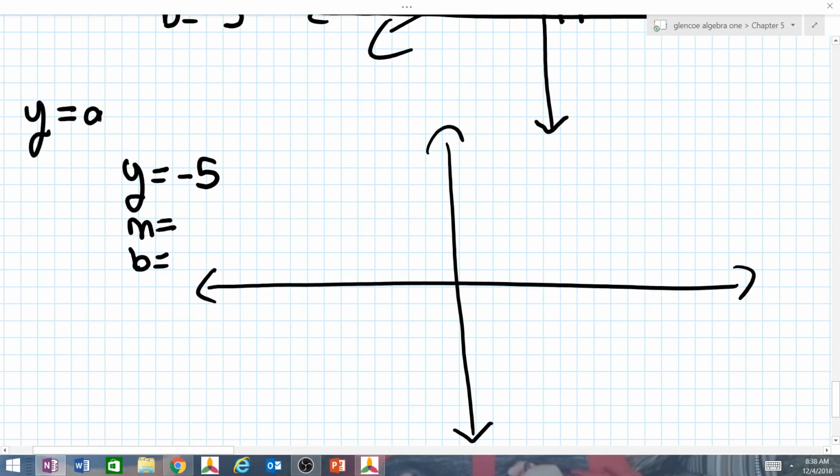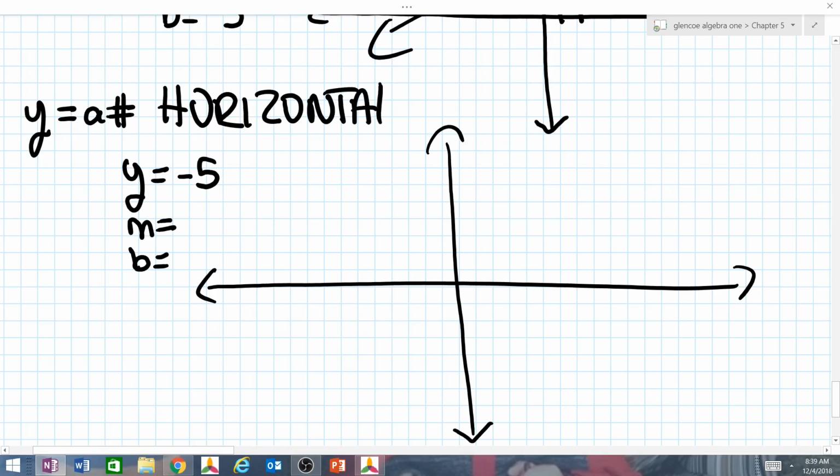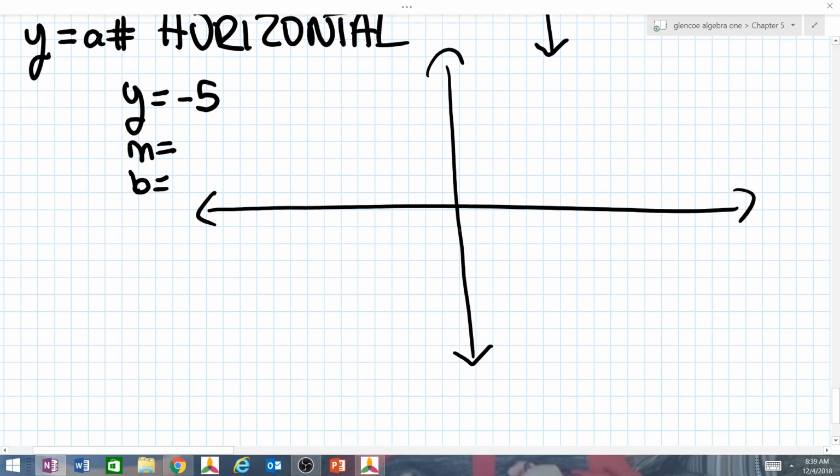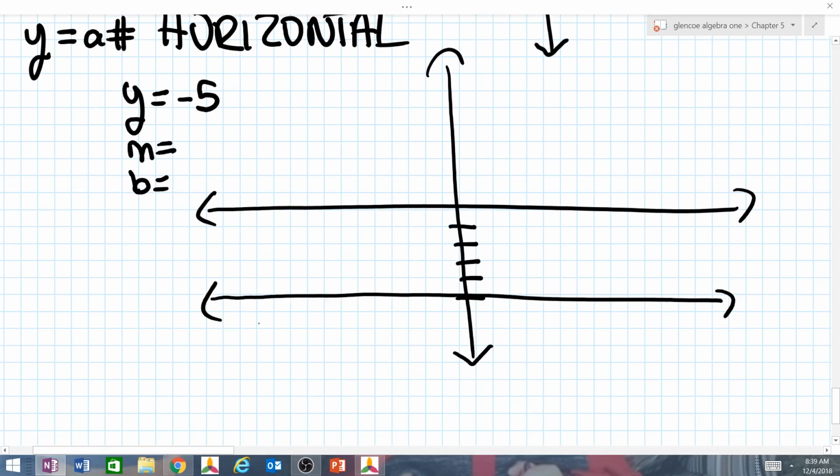Y equals a number is always a horizontal line. So y equals -5, you're going to come down 5, and you're going to draw a line like that. And here is y equals -5. Now we have two more questions to answer.